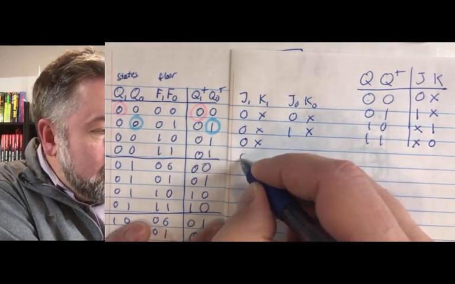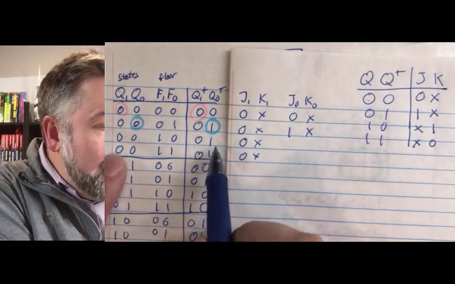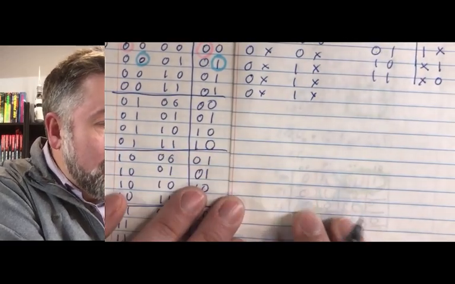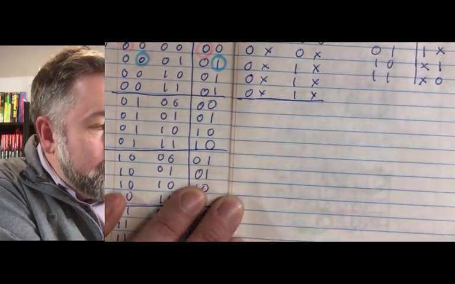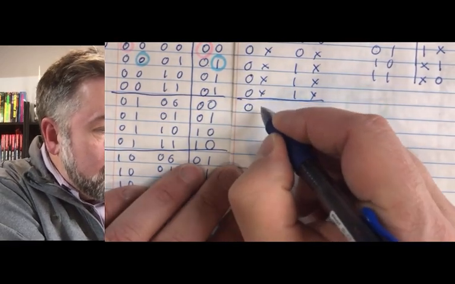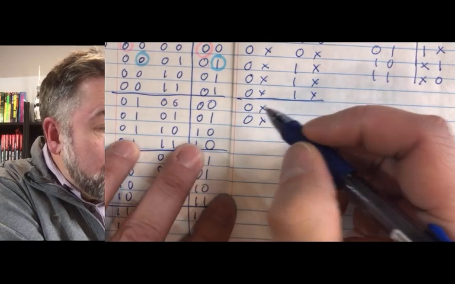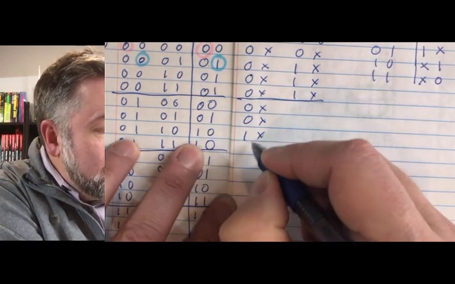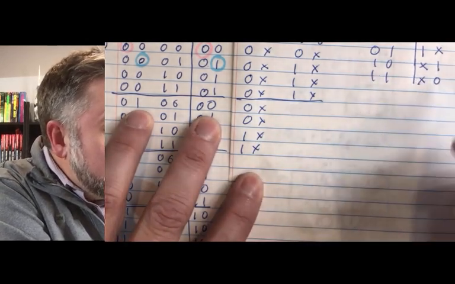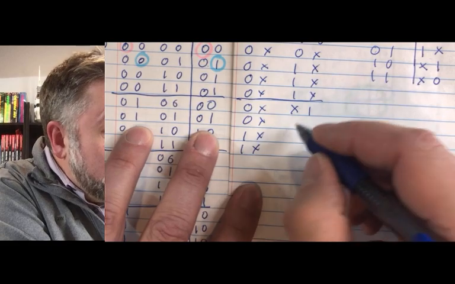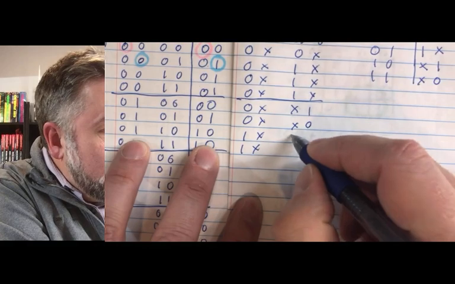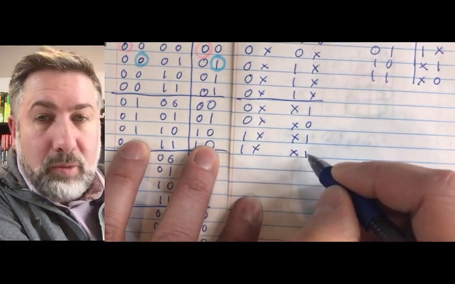And I could just proceed down the rest of them. These are all 0x, 0s to 0s, and then these are all 0s to 1s, so that's 1x. Now, for the second row. All of these are zeros, so 0 to 0, 0 to 0, that's 0x, 0x. 0 to 1 is 1x. And then, looking at Q0, 1 to 0 is x1, 1 to 1 is x0, 1 to 0 is x1, 1 to 0 is x1.